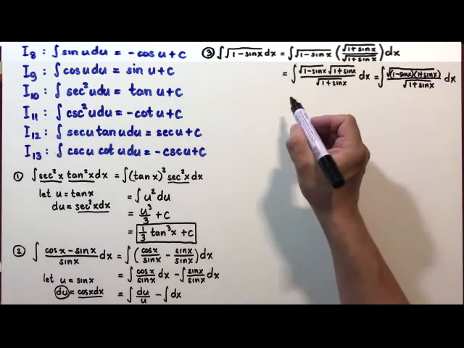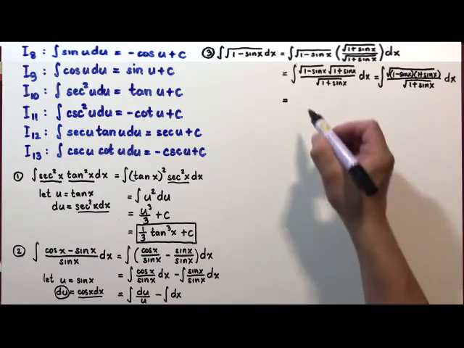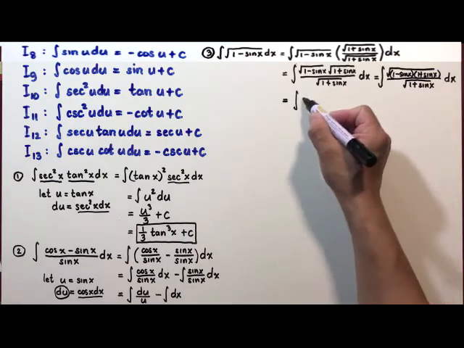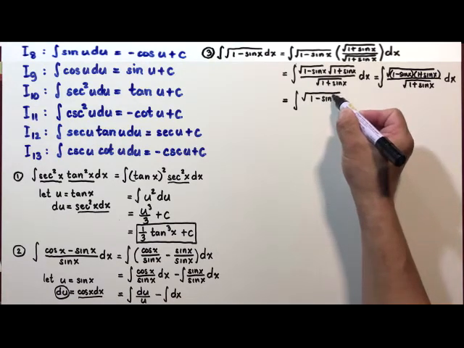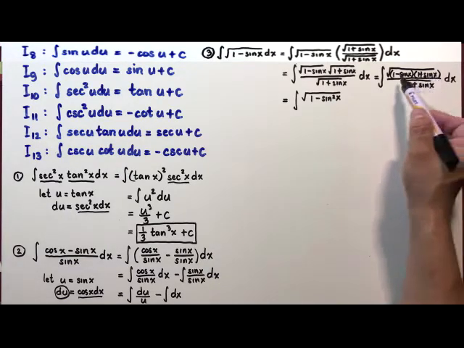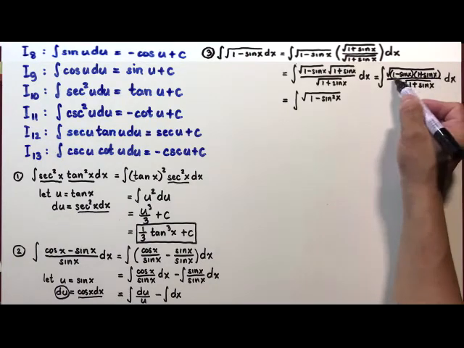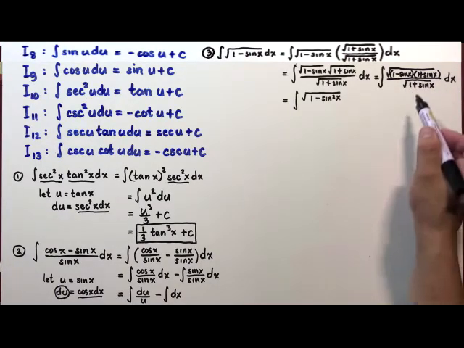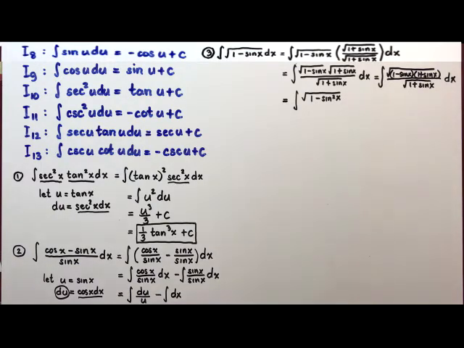And when you multiply the two, that is equal to the integral of the square root of 1 minus sine squared x. Why? Because that is a product of sum and difference of two terms. Sum, 1 plus sine x, and difference, 1 minus sine x. So the product of sum and difference is 1 minus sine squared x in our intermediate algebra.